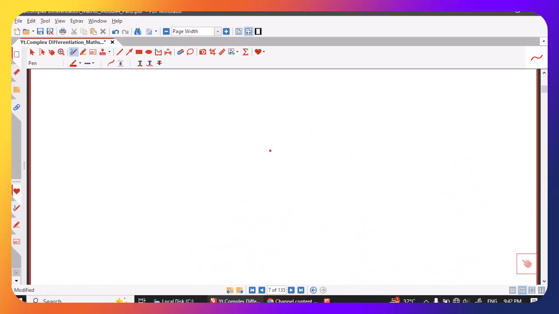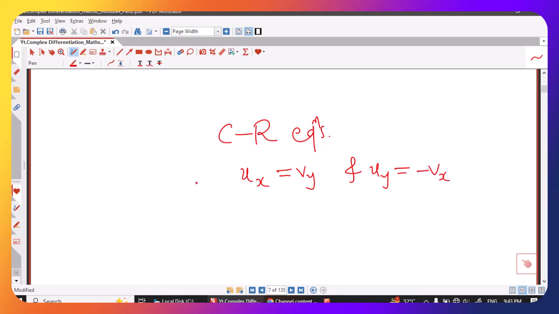We know that if we want to check analyticity of any complex function, then first we determine the points of differentiability of that function, and for differentiability we use the Cauchy-Riemann equations: del u by del x equal to del v by del y, and del u by del y equal to minus del v by del x.